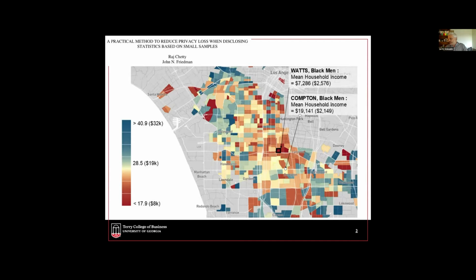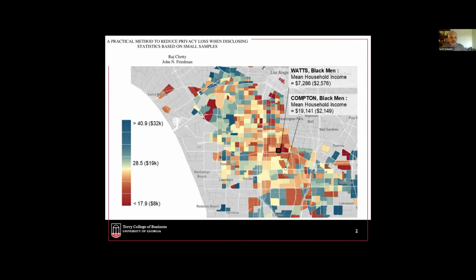And what's particularly remarkable about these Opportunity Atlas data is that they allow you to look at summaries of these social mobility outcomes disaggregated by race, gender, and census tract. So census tract we can think of as mapping on to roughly the level of the neighborhood.